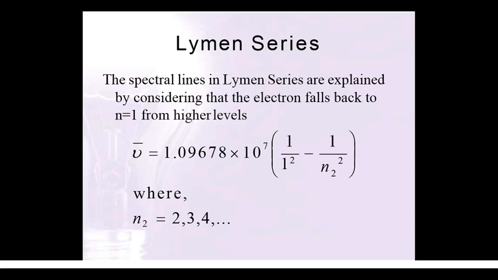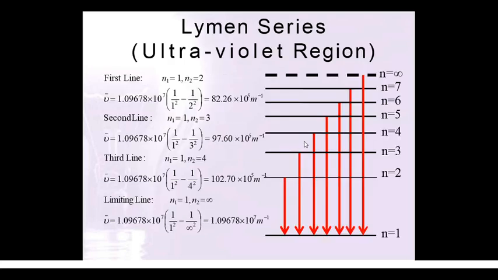That means the electrons come back to the n equal to 1 state from n equal to 2, 3, 4. So you can substitute n1 as 1 and n2 can be 2, 3, 4. From these states, the electron jumps back to the n equal to 1 state, and that series is known as the Lyman series. So the Lyman series means the electron jumps from higher energy levels to the n equal to 1 state.